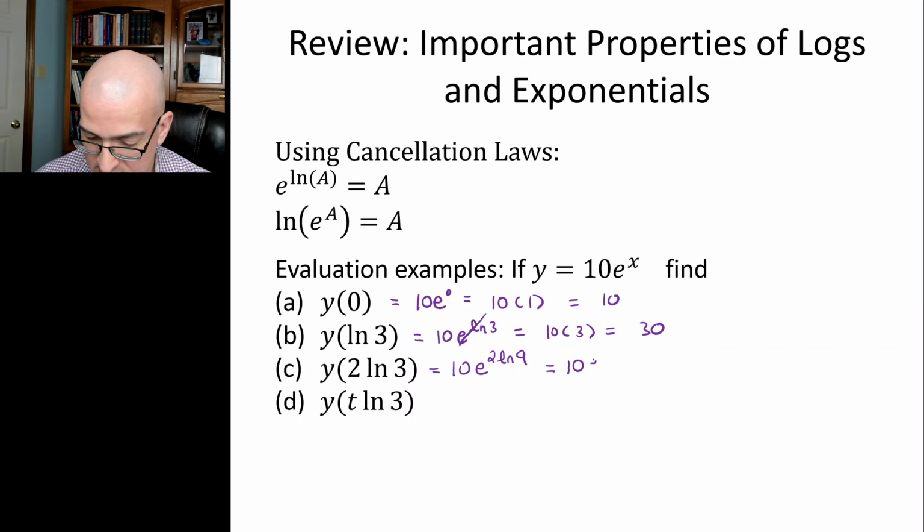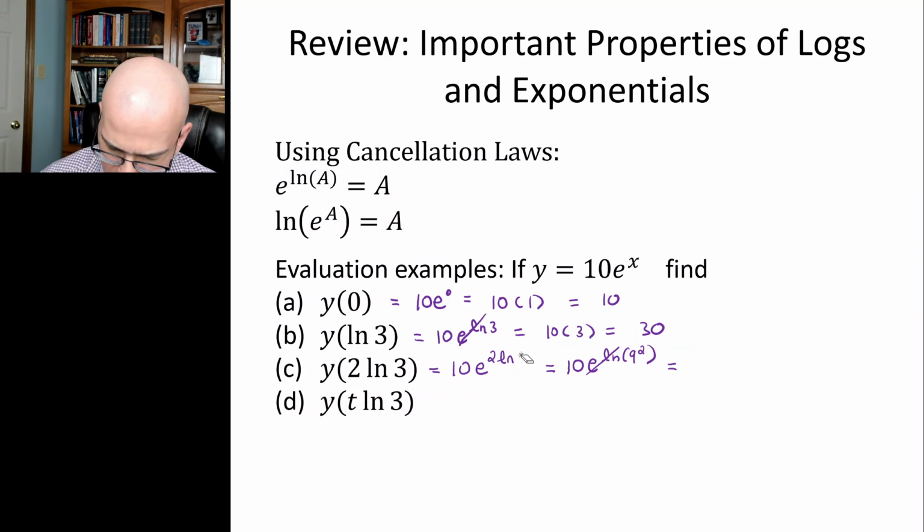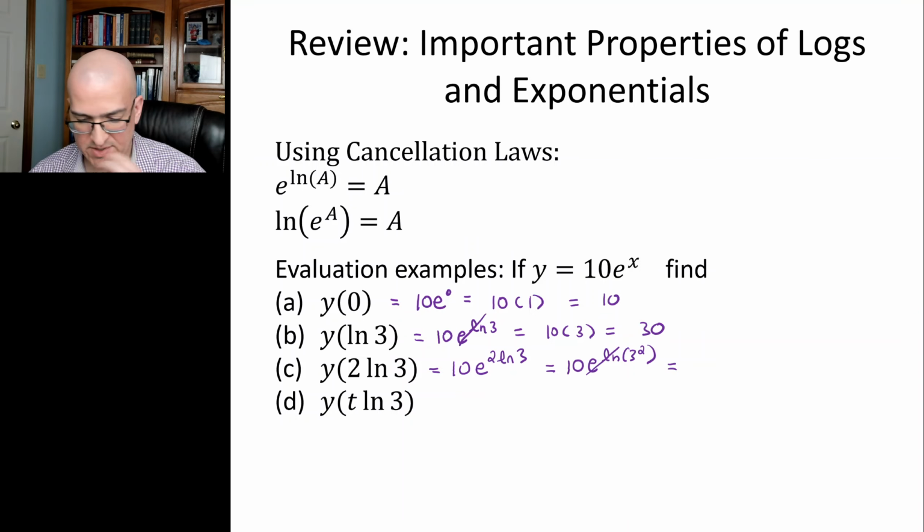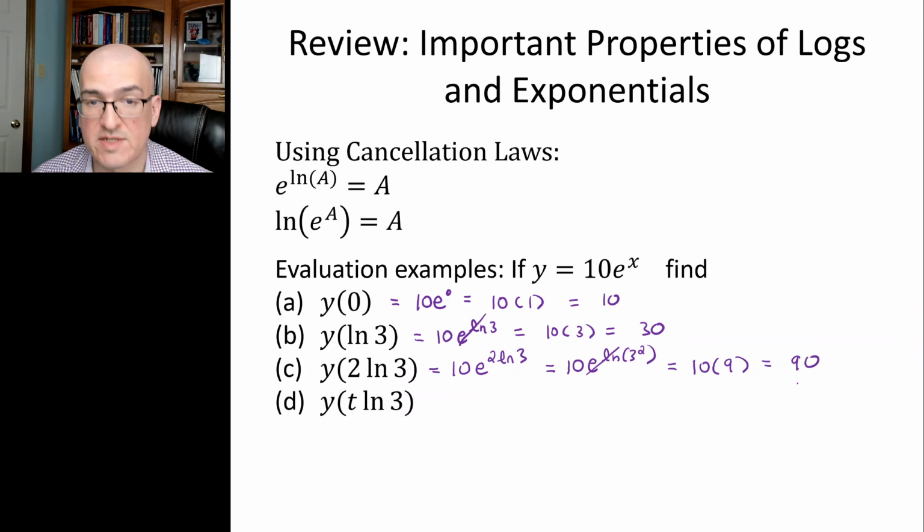So we'll have 10 times e to the ln of 3 to the power of 2. And now we can use the cancellation law. Oh, my apologies. It's a 3, not a 9. 3 to the power of 2. I think I must have got ahead of myself. So we have 10 times 9, which is 90, not 60.